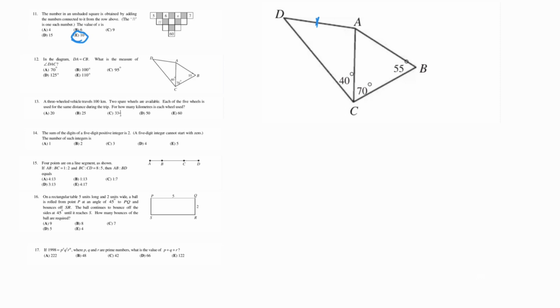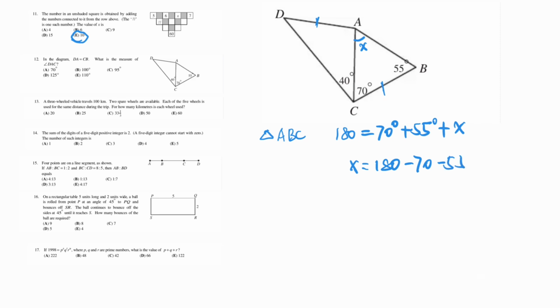Now, for the triangle ABC, the sum of the angles is 180, equal to 70 plus 55 plus the angle CAB, label that as x. Now solve for x. x equals 180 minus 70 minus 55. That's equal to 55. Now x equals 55.